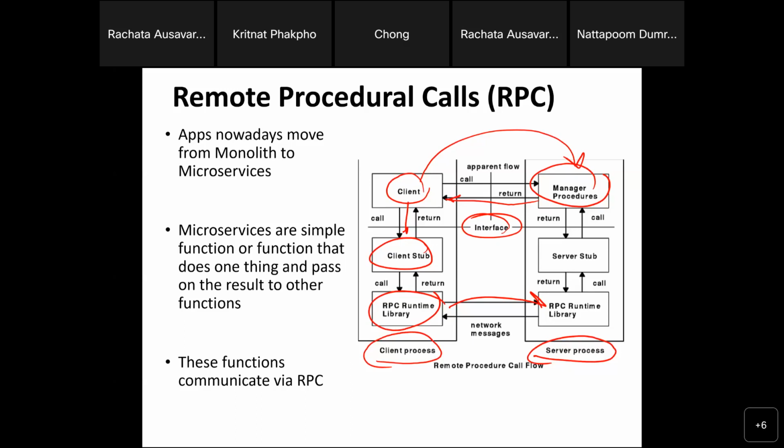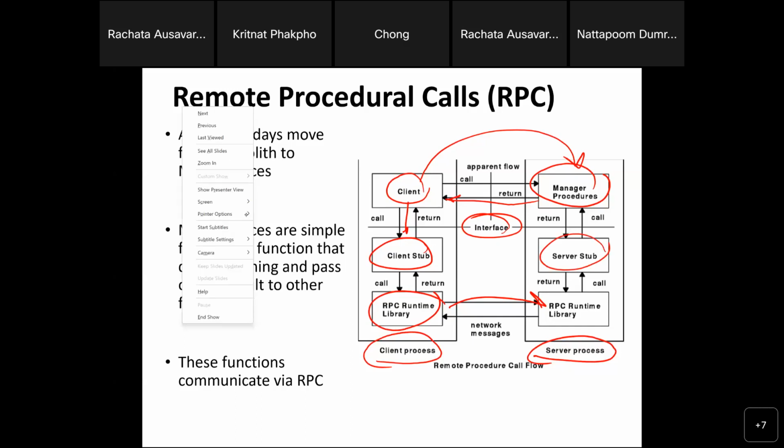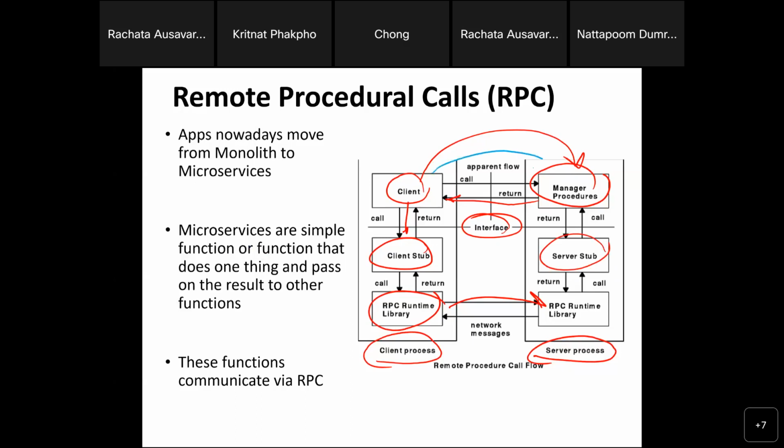Then when the server gets it, you go through the server stub to run. Basically, think about the round trip. Even though you just want to do this communication back and forth, you actually have to go all this way down to run, then all this way back, right?